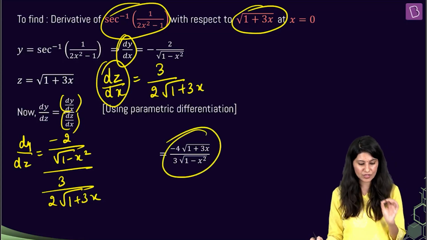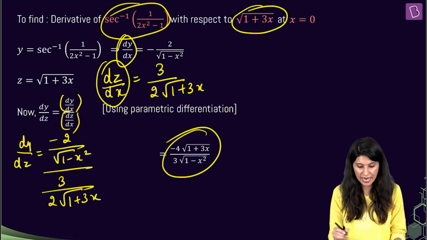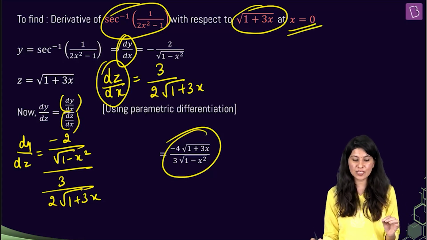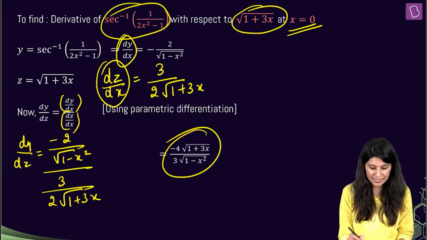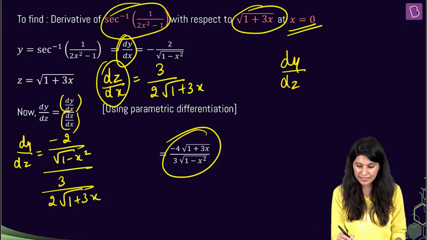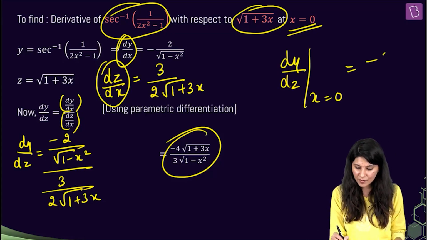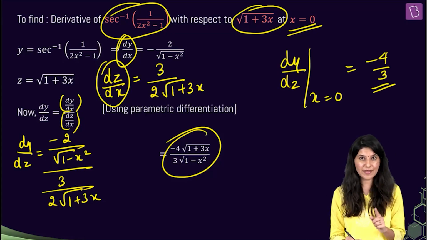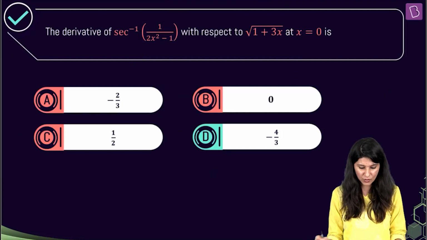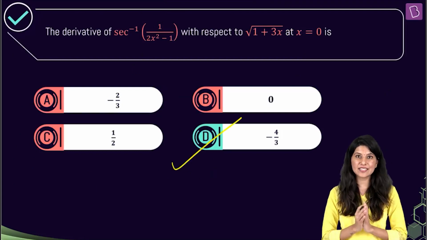That's what you were looking for. This is dy by dz, and you look for x equal to 0. So dy by dz at x equal to 0 is simply minus 4 by 3 is your answer, which is matching with option D. Option D is clearly right.